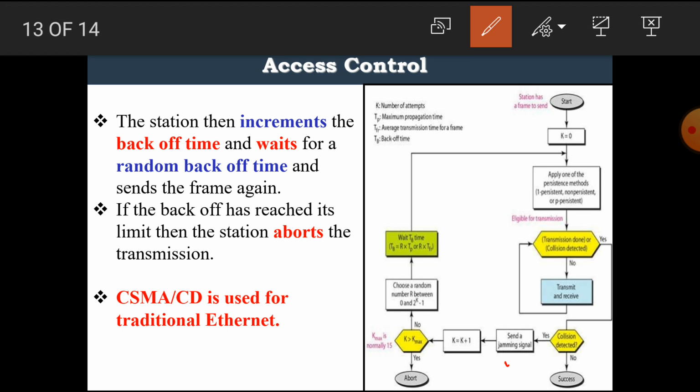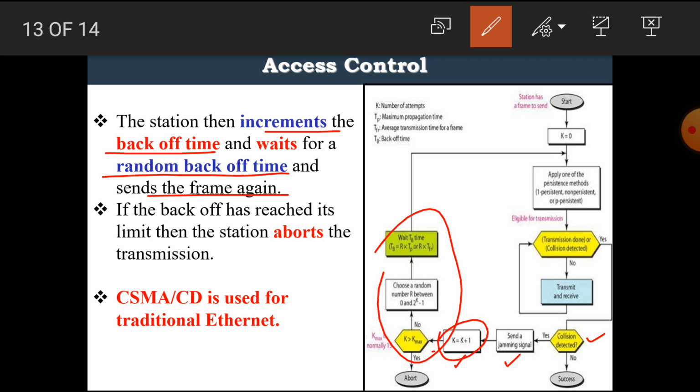Here the station sends the jamming signal when the collision is detected. Then after some backoff time, the station increments K, that is K equals K plus 1, and waits for the random backoff time and sends the frame again. After this backoff strategy, the station again goes to the first step and sends the frame again.